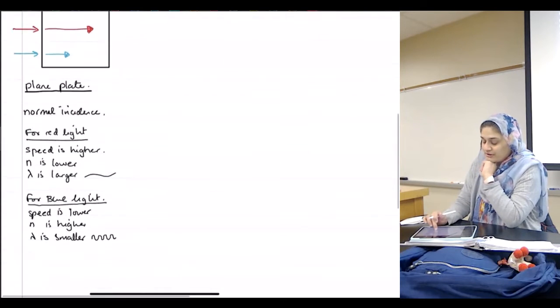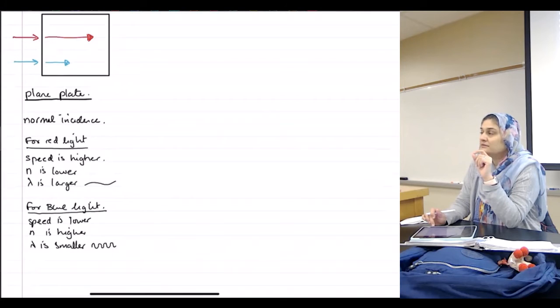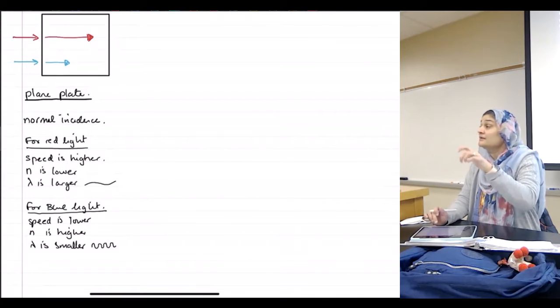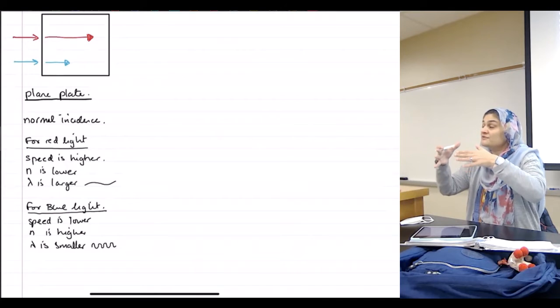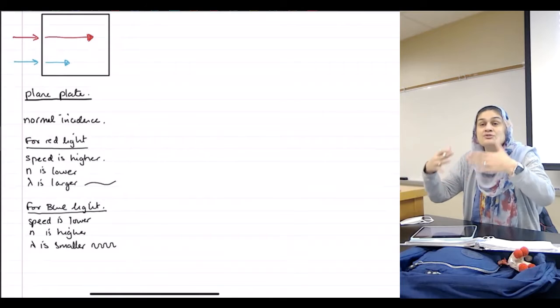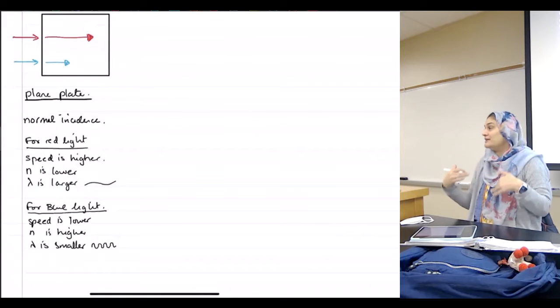In other words, n, the refractive index, is actually a function of the wavelength. So the n that a light observes when it goes from one medium to another depends on the wavelength of light.